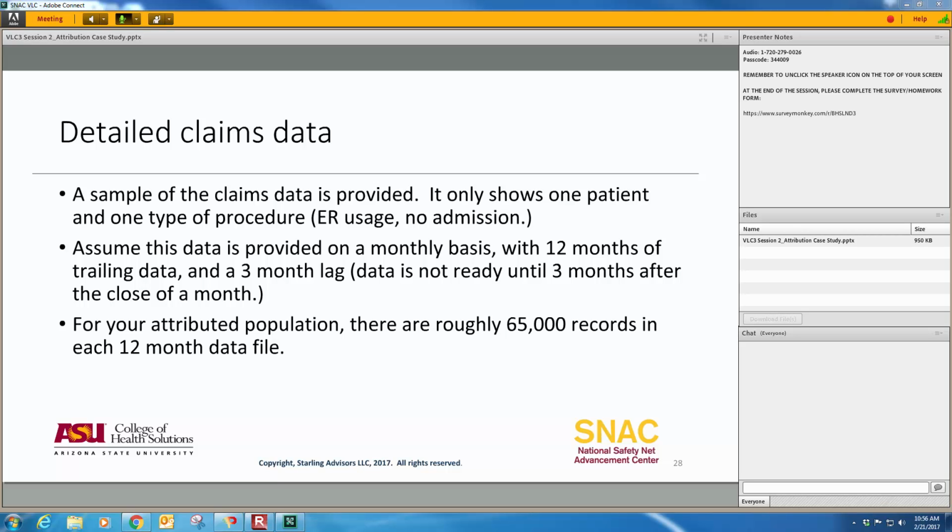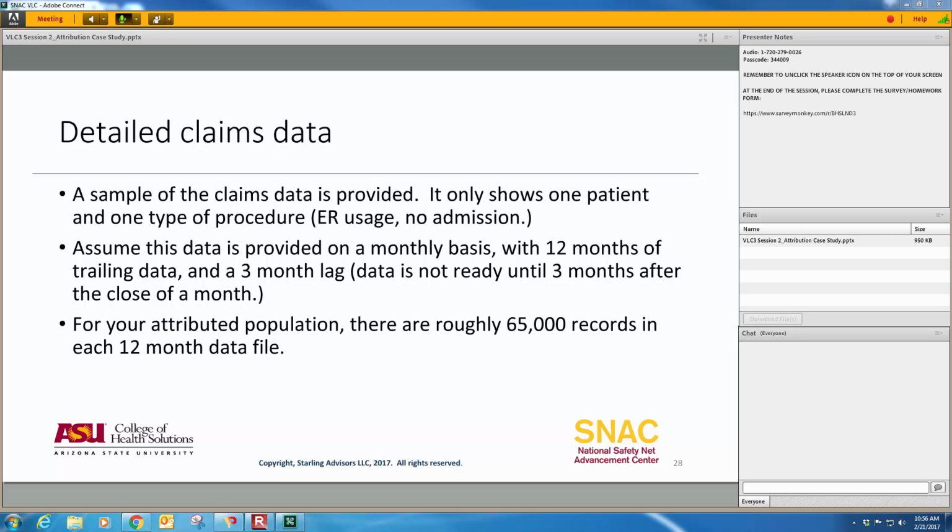So you could see all sorts of things like facility utilization, like drug prescription fill information. You could see which specialists they were utilizing. You could see a bunch of stuff, durable medical goods that they were receiving.